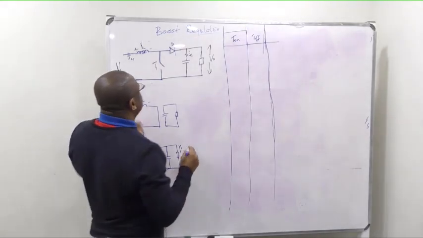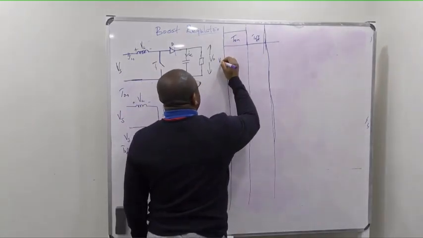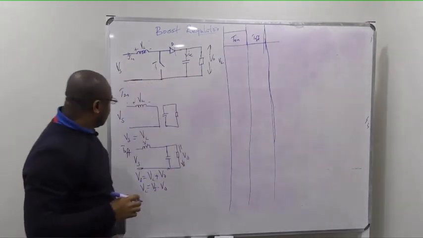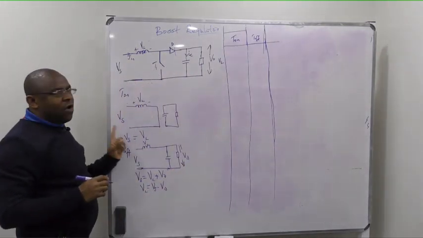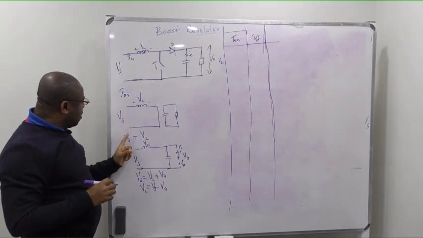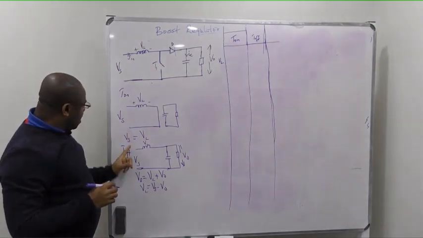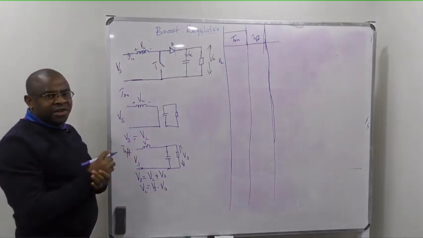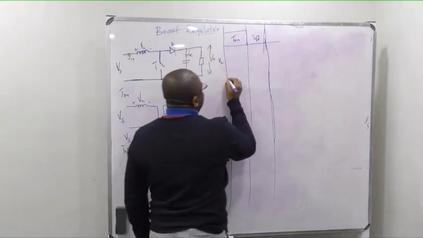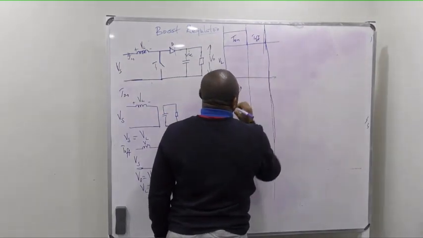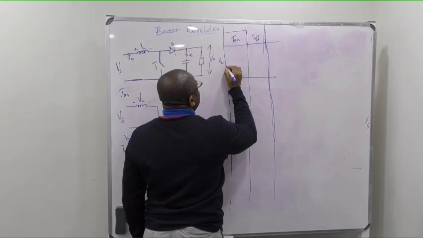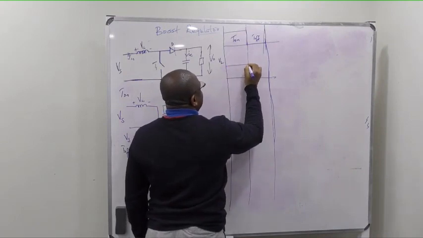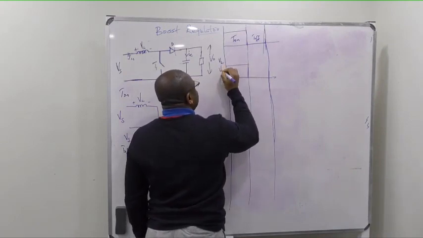Okay, so let's start with the voltage across the inductor. Now we said at time of on, the voltage across the inductor is the same thing as Vs. So if I have this as the 0 point, the voltage will be like that, Vs, okay?